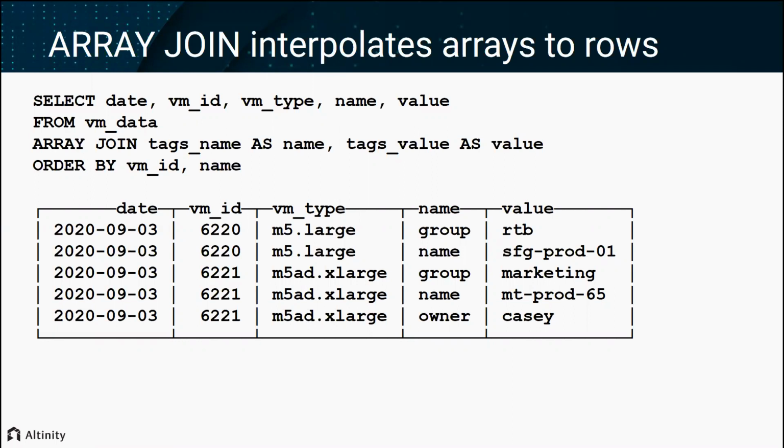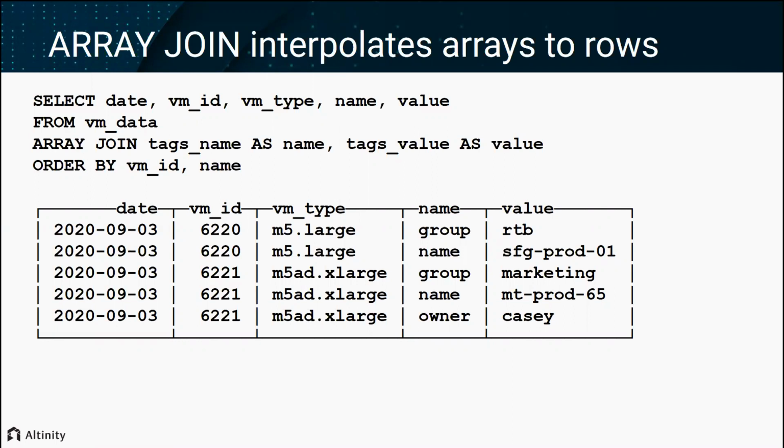For every value in the array, we're going to repeat the header information. That's exactly what you see happening here: the first 3 columns are header information, and they are repeated for each set of values in the array.